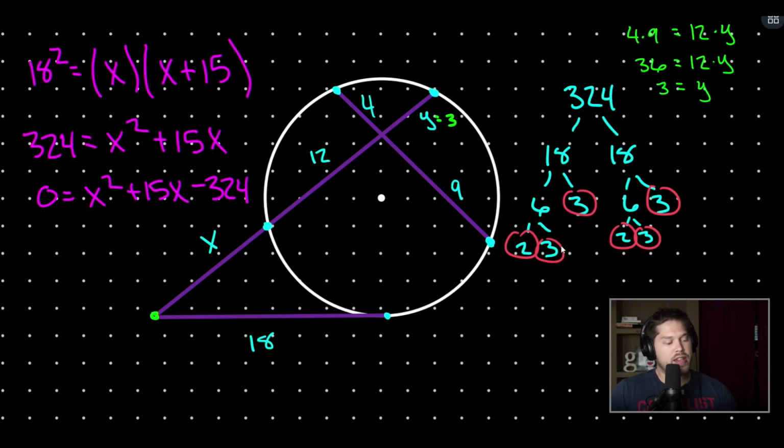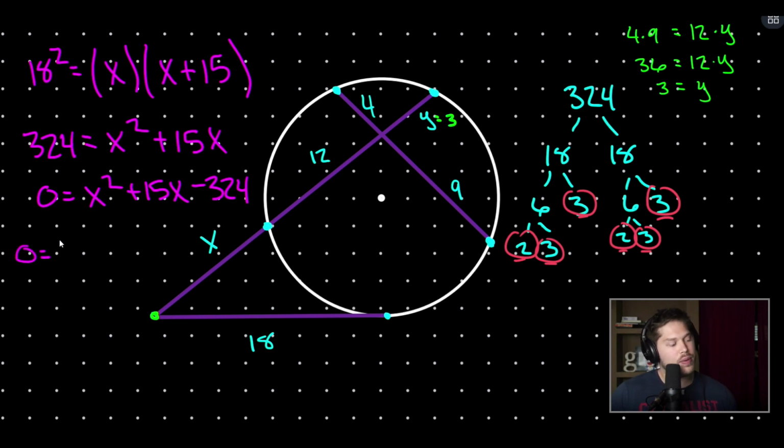And I notice that 3 times 3 times 3 is 27, and that will leave me with 2 times 2 times 3, which is 12. And so 12 and 27 multiply to give me 324, and that sums to 15. So perfect. That wasn't so bad.